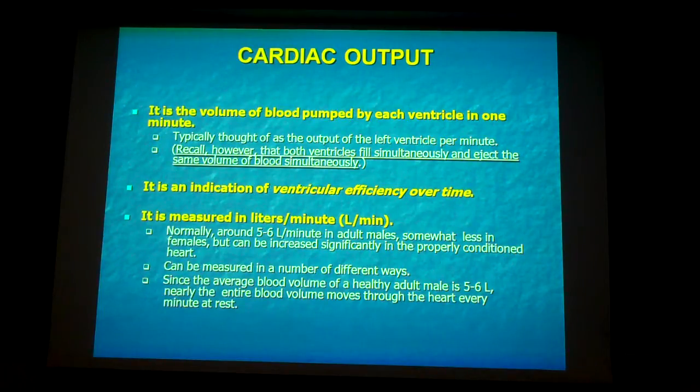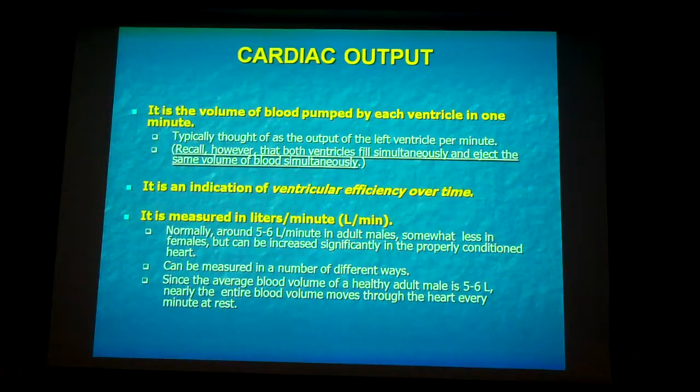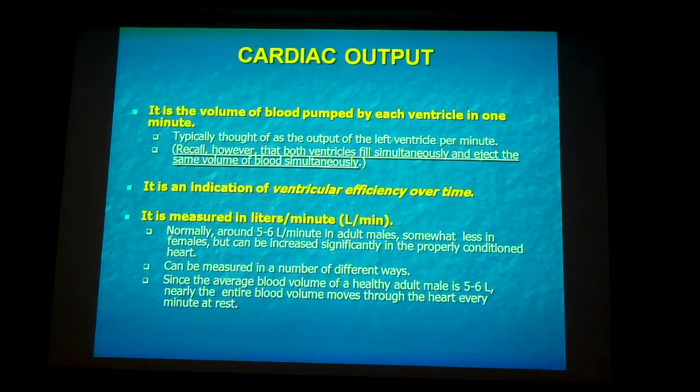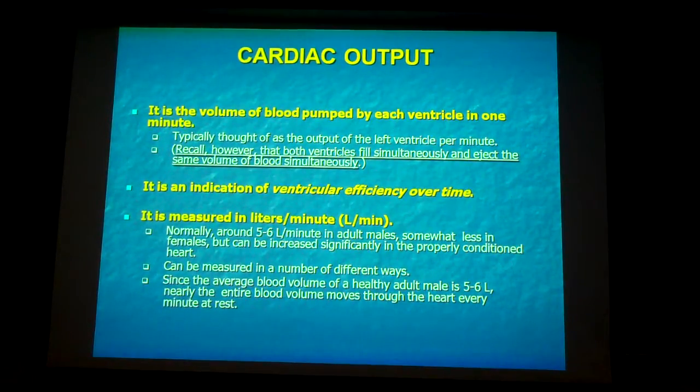Okay, so it's usually measured in liters, so many liters per minute. So if you have a man who has a cardiac output of 5 liters per minute, he's basically moving his whole blood volume through the heart every minute. Basically. So cardiac output is just an indication of ventricular efficiency over time.